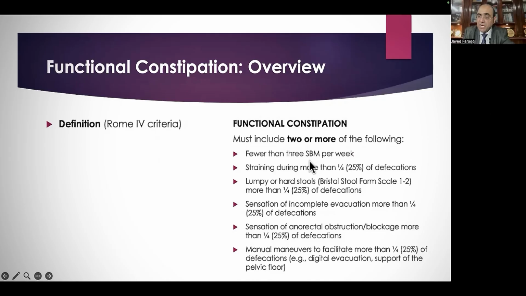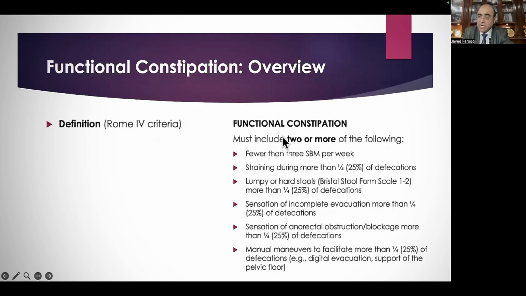Fewer than 3 bowel movements per week, or straining during more than a quarter of defecations, lumpy or hard stools, that is Bristol stool form scale 1 and 2, in more than 25% of defecations, and sensation of incomplete evacuation in more than 25% of defecations, sensation of anorectal obstruction or blockage in more than a quarter of defecations, and at times manual maneuvers to facilitate more than 25% of defecations, that is digital evacuation, support of the pelvic floor.